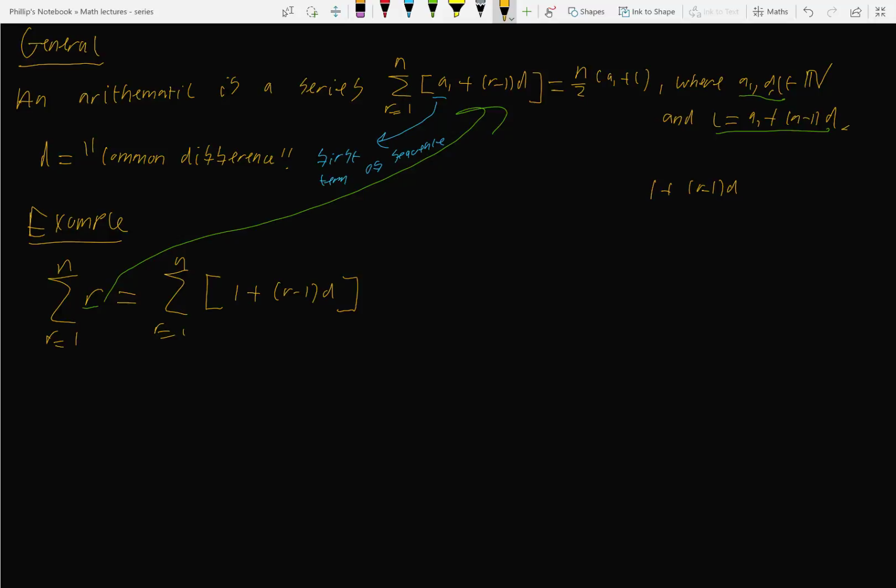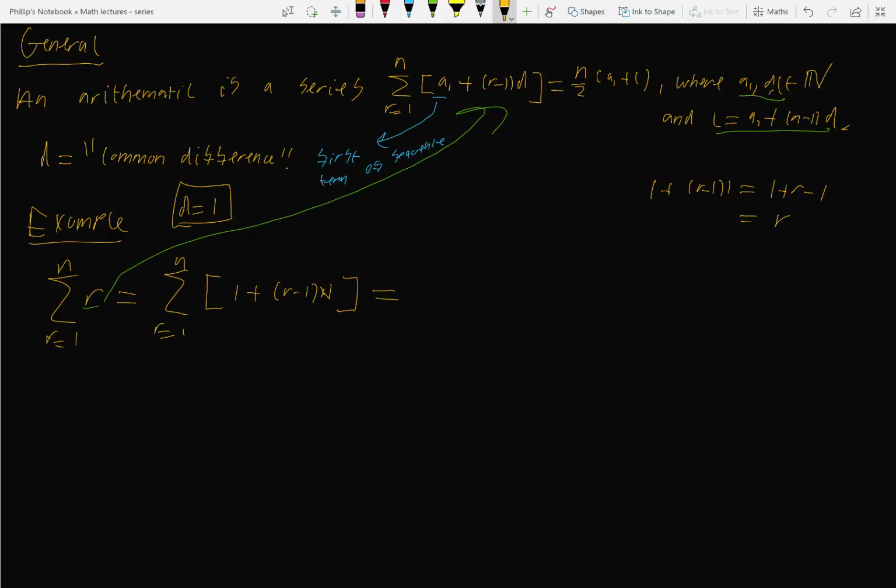Well, d is 1. The common difference is just 1, and we can find the common difference again by taking any term and subtracting the one before it. So d is equal to 1, and it's just equal to that times 1. So we've got 1 plus r minus 1, which is equal to r.